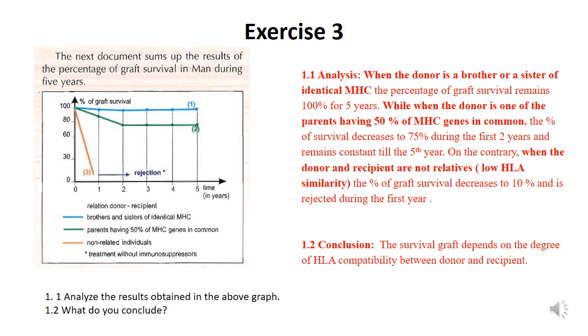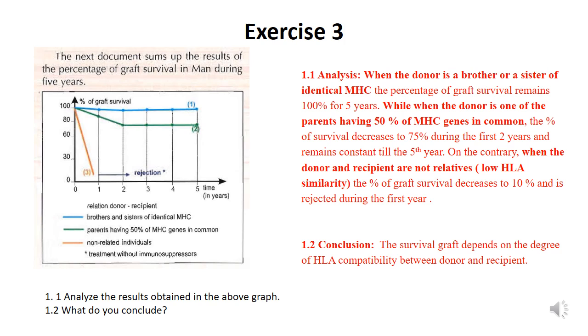When the donor is a brother or a sister of identical MHC, first curve, the percentage of graft survival remains 100% for 5 years. While when the donor is one of the parents having 50% of MHC genes in common, the percentage of survival decreases to 75% during the first 2 years and remains constant till the 5th year. On the contrary, when the donor and the recipient are not relatives, the percentage of graft survival decreases to 10% and is rejected during the first year.